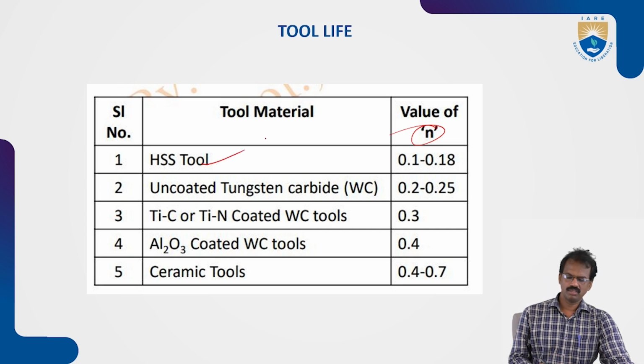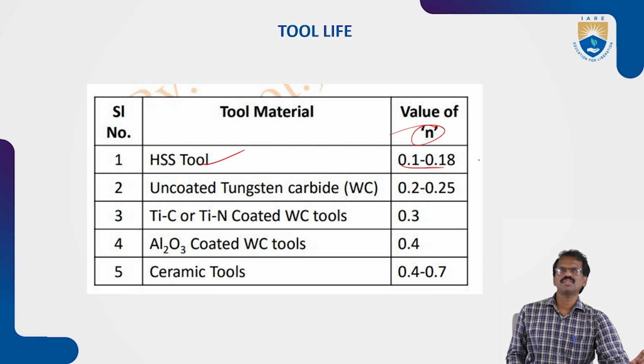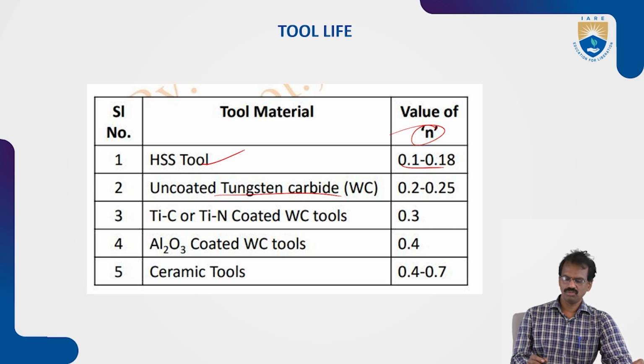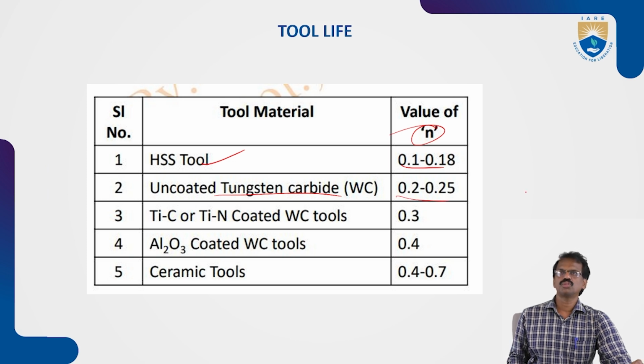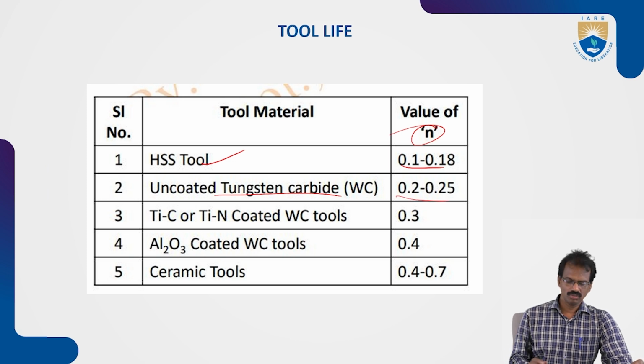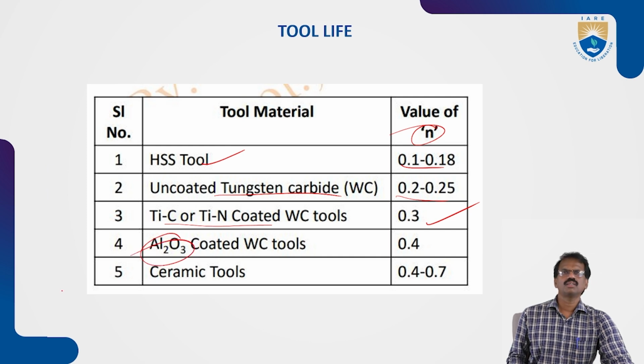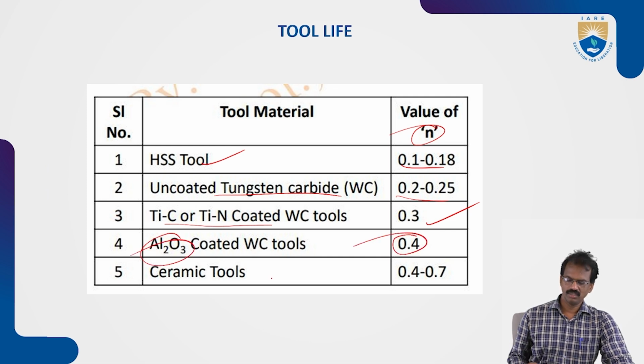For HSS, the value of n varies between 0.1 and 0.18. For tungsten carbide, WC, the exponent value is between 0.2 and 0.25. For coated tungsten carbide tools, you can take n equal to 0.3. If the tool material is coated with aluminum oxide, Al2O3, then n is taken as 0.4.